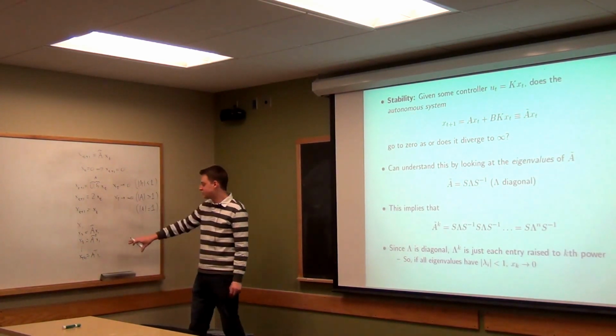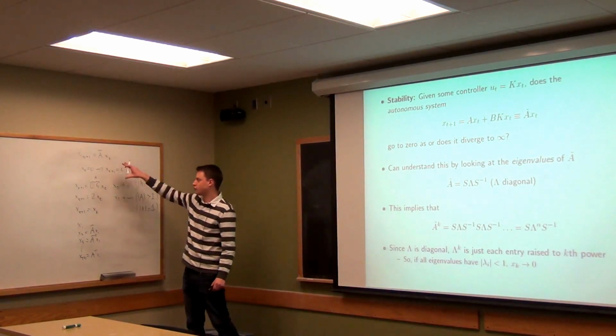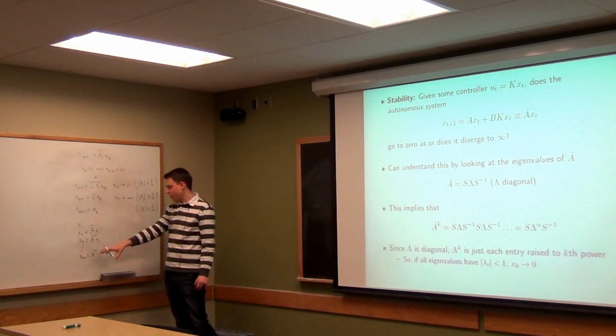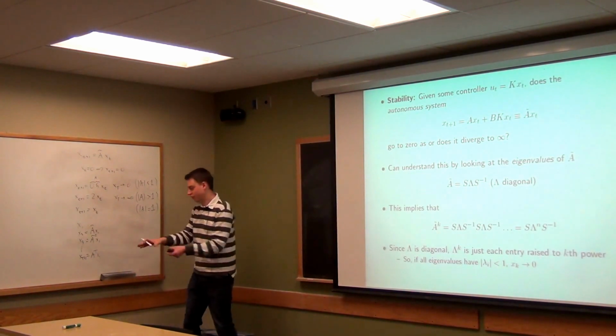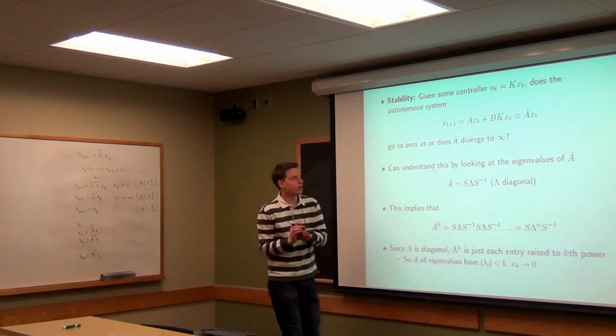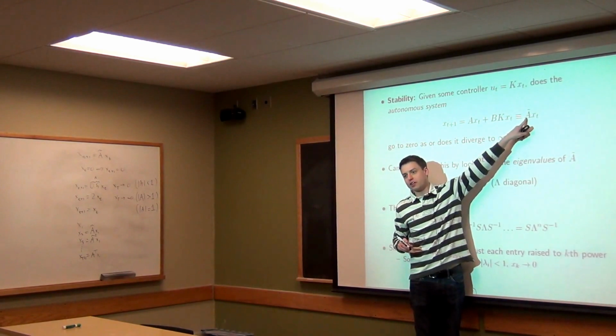And the nice thing here is that because we're not having controls explicitly written out, this is a very simple form. We don't have to worry about all the controls here. We're just going to factor those all in, and that's all taken care of in this A tilde matrix.